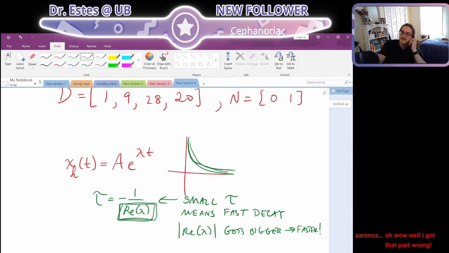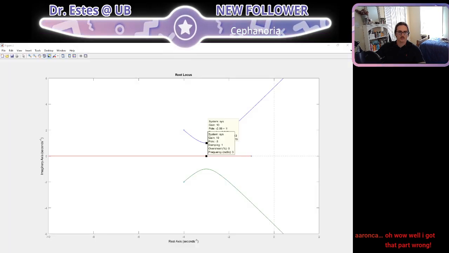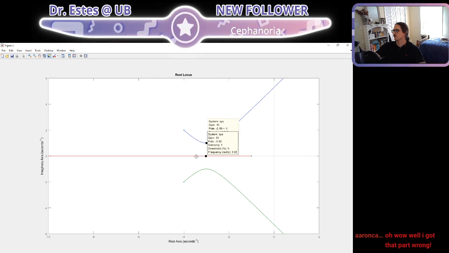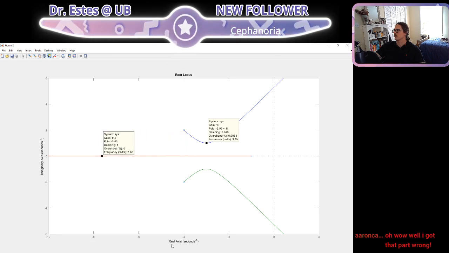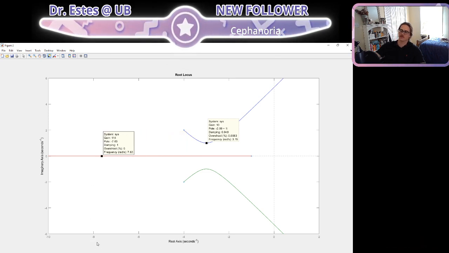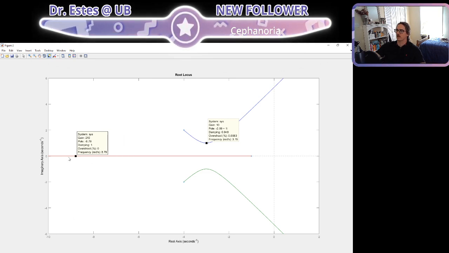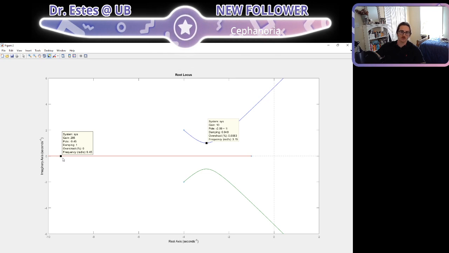In terms of the root locus, if I move this root more and more to the left, you can look at the number on the real axis. It's going to -8, -10. The bigger I make that number, -12, -15, the time constant is getting faster and faster.